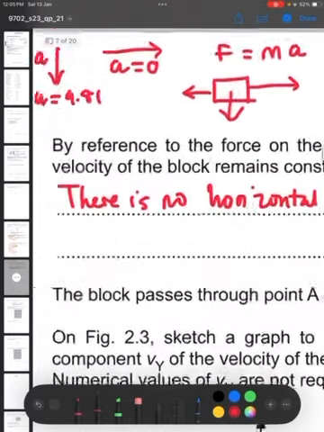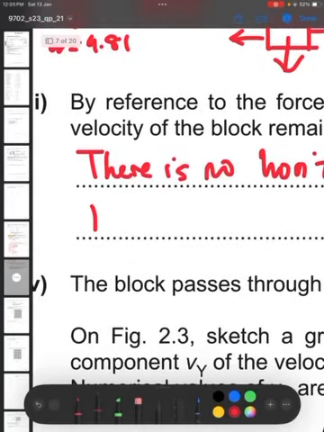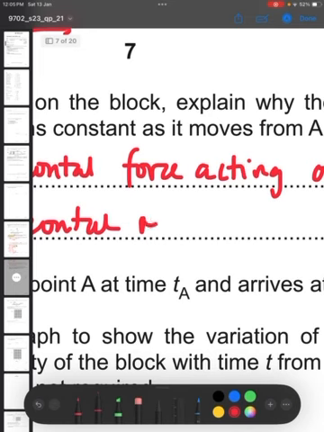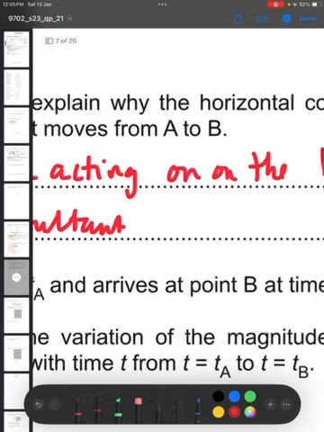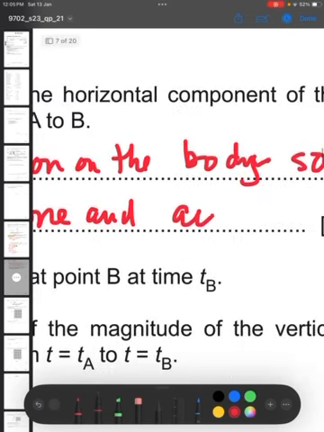So there is zero horizontal resultant force and acceleration.